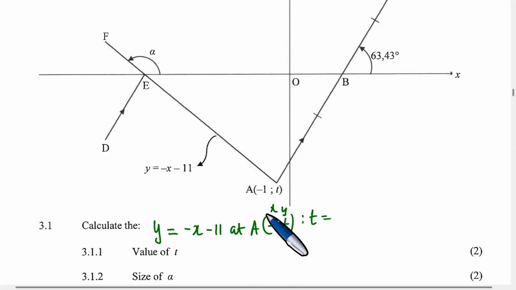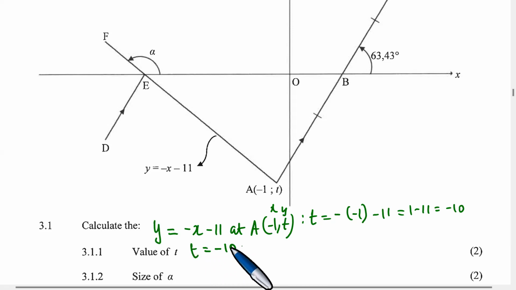Then the x is -1. So you have -(-1) - 11. What is the answer to this? If you multiply negative by negative, it's plus, so that is 1 - 11, and that is -10. So what is the value of t? Clearly, t is -10, and we are done there.